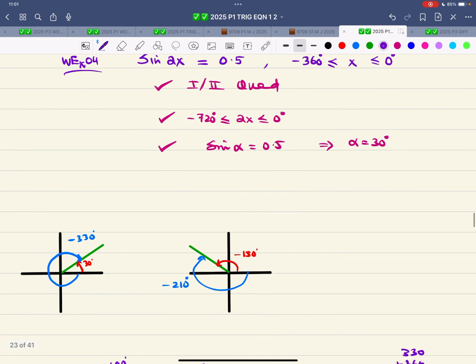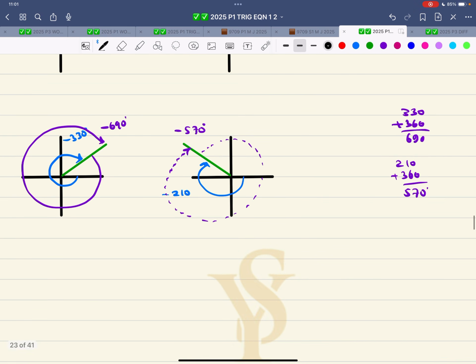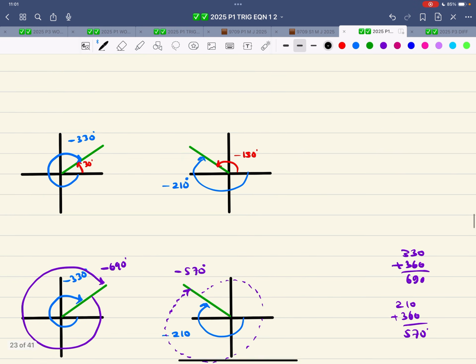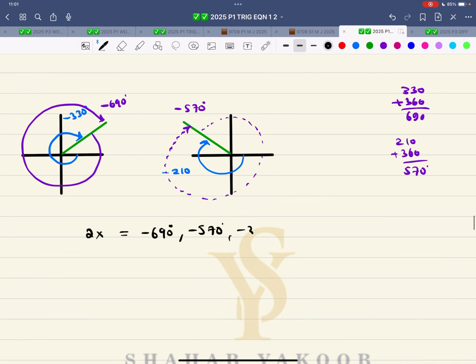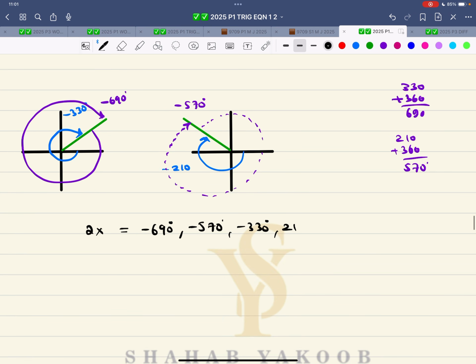Now all these values are equal to 2x. So let me write it. Which is the smallest one? So 2x is equal to negative 690 is the smallest, second smallest is negative 570, then it's negative 330, then it's negative 210.